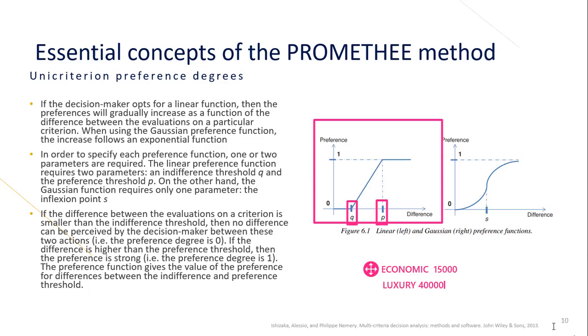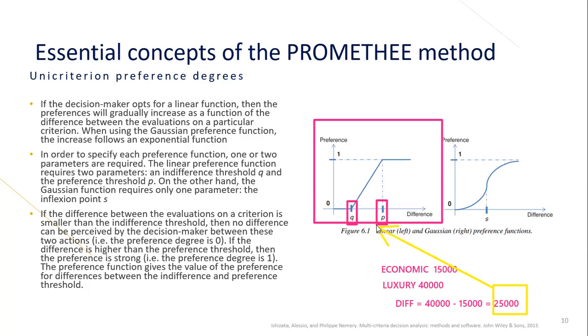Then you calculate the difference: 40,000 minus 15,000, which equals 25,000. And then you put this difference value here.